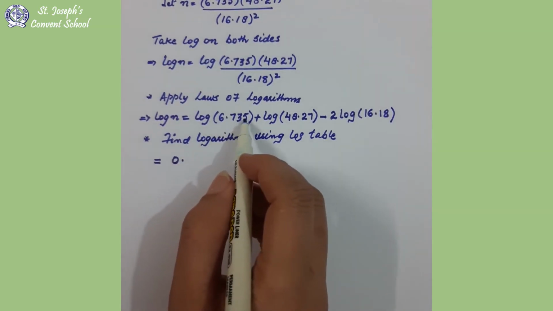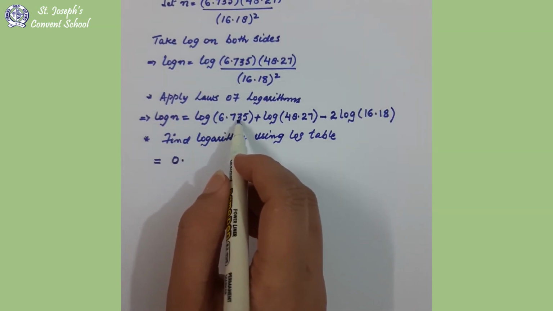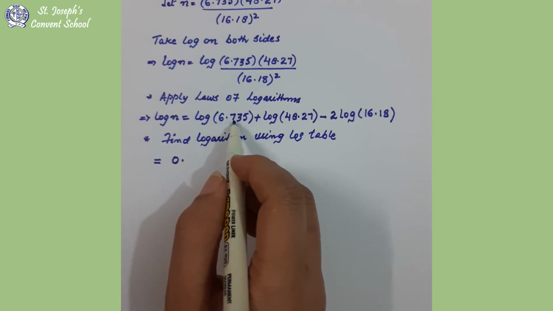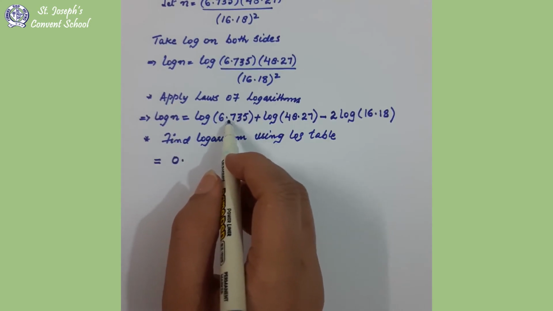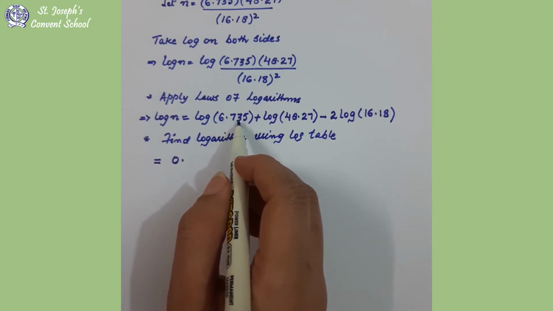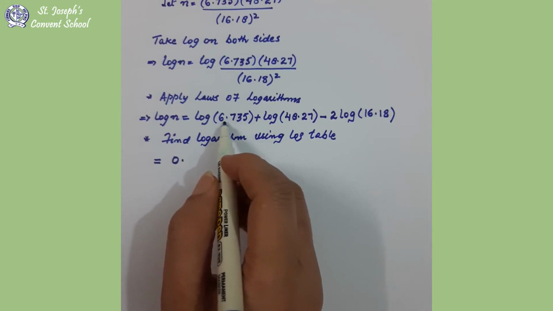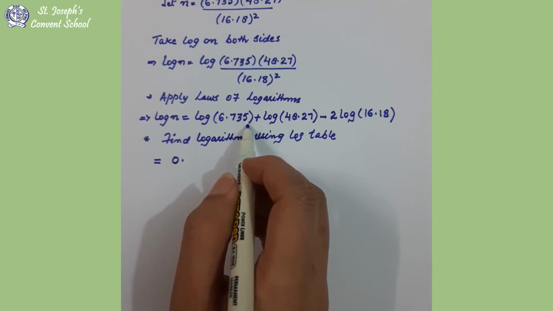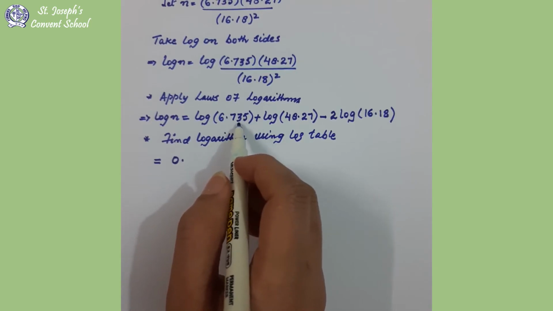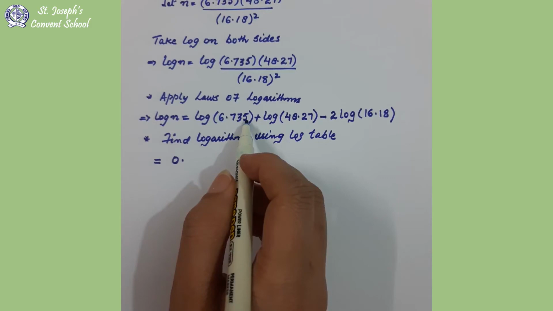Now you will check this in the table. 67 column 3, and mean difference column 5. Add both of them. 67 column 3, whatever value comes, then mean difference column 5, whatever the value is, add both of them. So 67 column 3 is 8280, and mean difference 5 is 3.